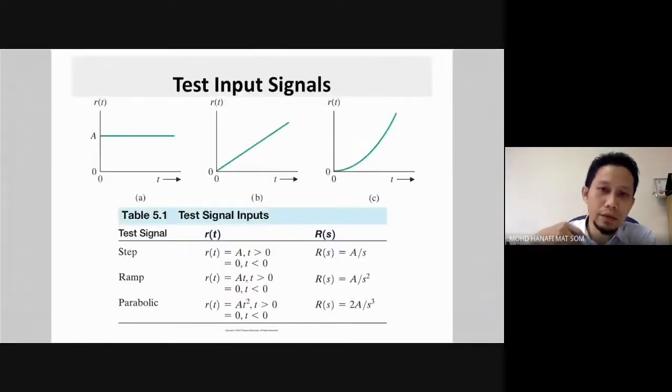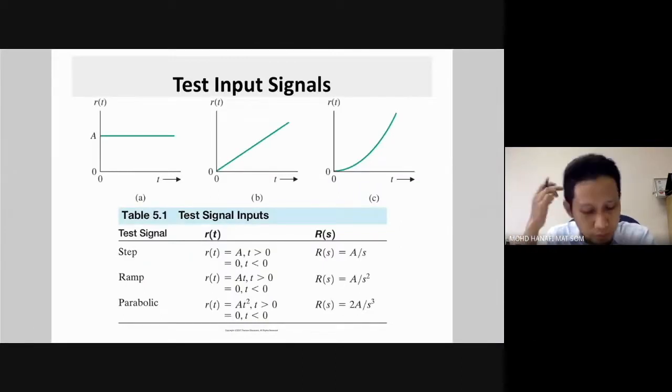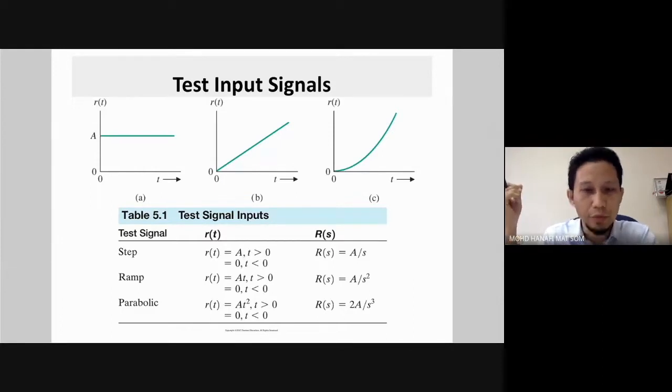So last time I gave you test signals for the input signal, the step function, the impulse function. Basically, there are 3 types of test input signals that I want to stress in this lecture that are important for you to understand.